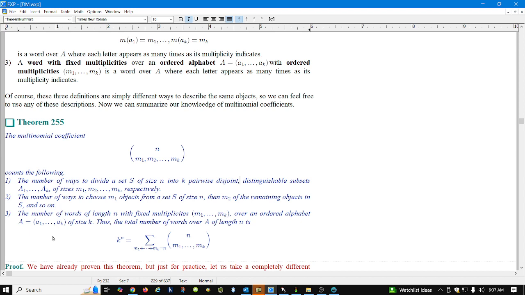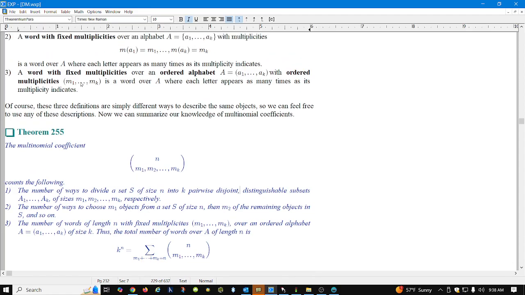3, the number of words of length n with fixed multiplicities m1 through mk over an ordered alphabet A1 through Ak. Now, the point of ordering is simply to match the elements with their multiplicities. I guess I should have said that up here. That's the only reason to order the alphabet. It's convenience, and doesn't add any new mathematics.